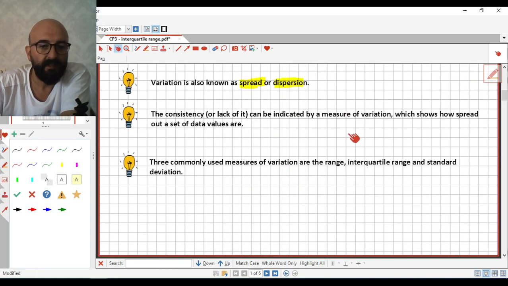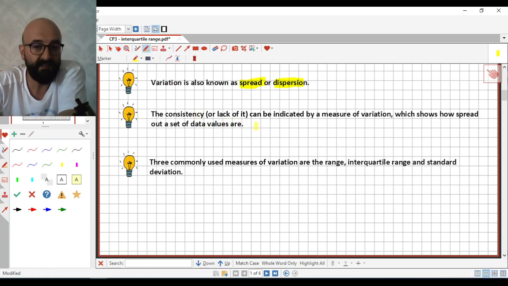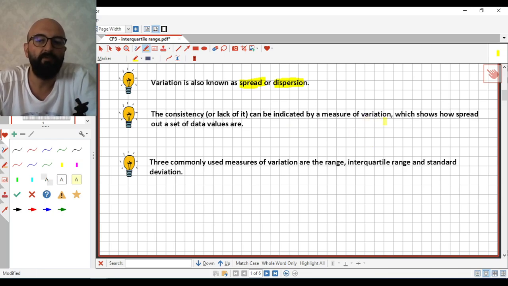Now, the consistency or lack of it can be indicated by a measure of variation, which shows how spread out a set of data values are.